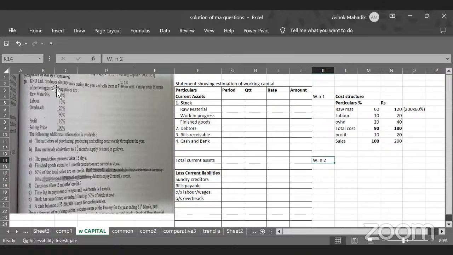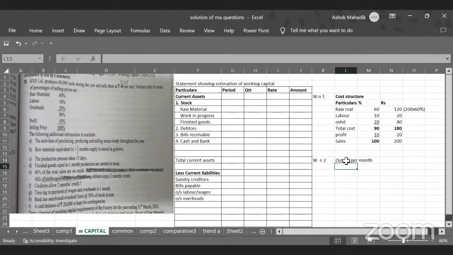See, in the first line we read, A&D Limited produces 60,000 units. But we have to convert that into monthly units. How to do that? If we have anything yearly, by dividing it by 12, we will get monthly, isn't it? So what you have to calculate is output per month.